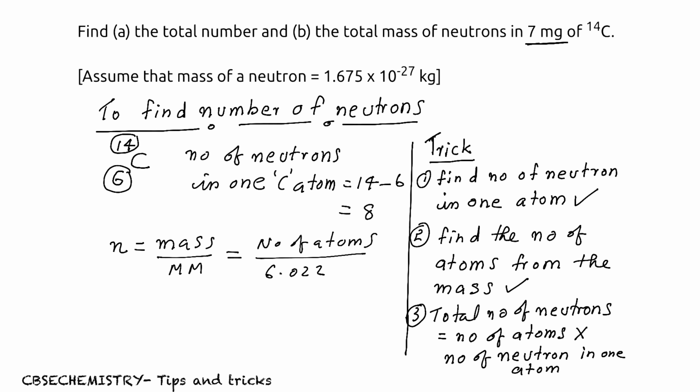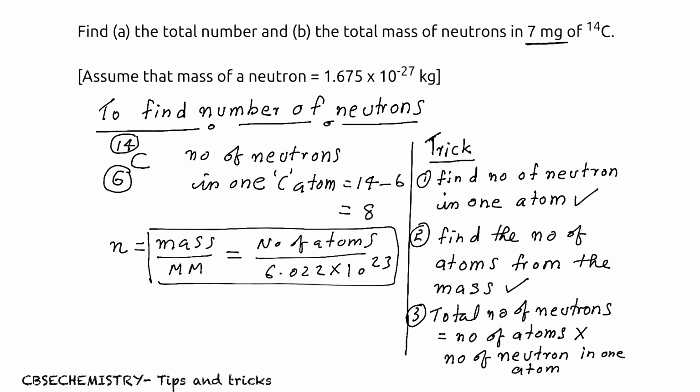These are the two equations for number of moles. First equation is number of moles is equal to mass by molar mass. Second equation is number of moles is equal to number of atoms, or in case of molecule, number of molecules by Avogadro number, right? Now see, I am going to equate these two.